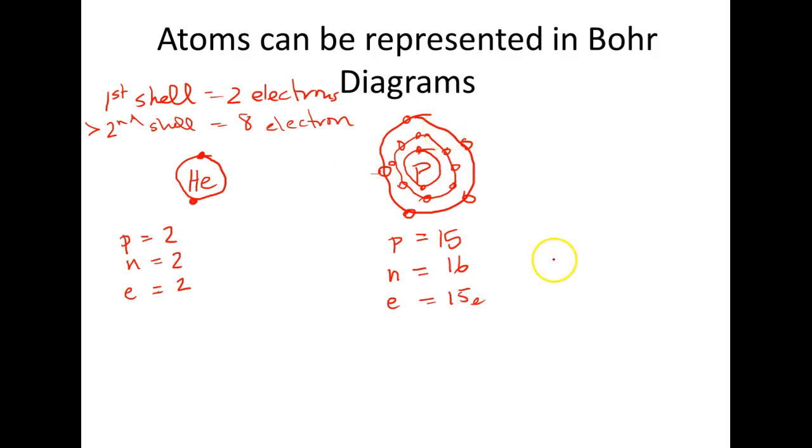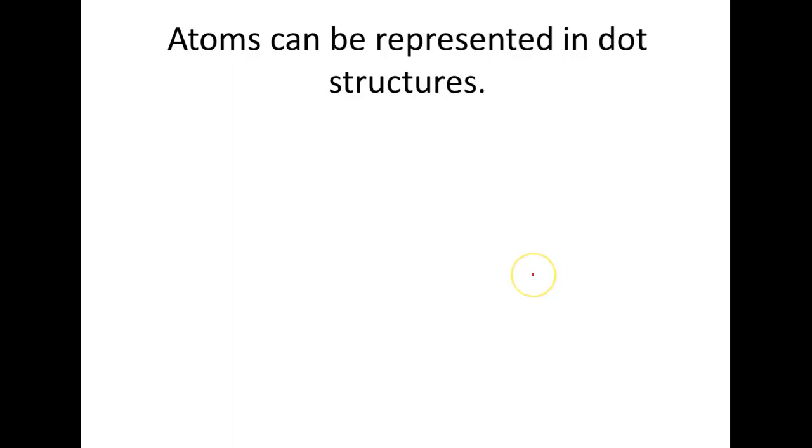The last thing I want to be talking about is dot structures. Dot structures are an even more simplified version of drawing these here. And again, we'll start with helium. So helium, remember, has 2 protons, 2 neutrons, and 2 electrons.